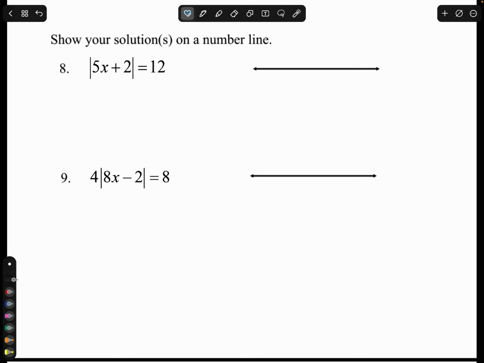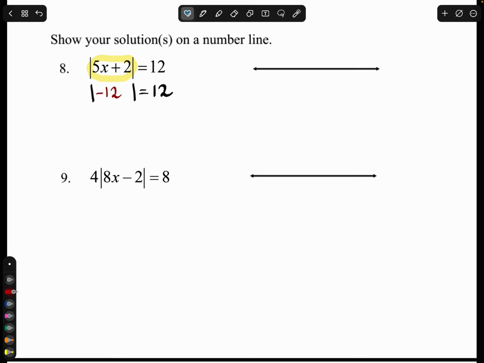But when we look at 8, we have the absolute value of 5x plus 2 equals 12. And when we look at it here, our absolute value brackets are already by themselves, and we have the stuff that's left in between. So when you think about it, the absolute value of something is equal to 12. The only numbers that would make that work would be 12 or negative 12.